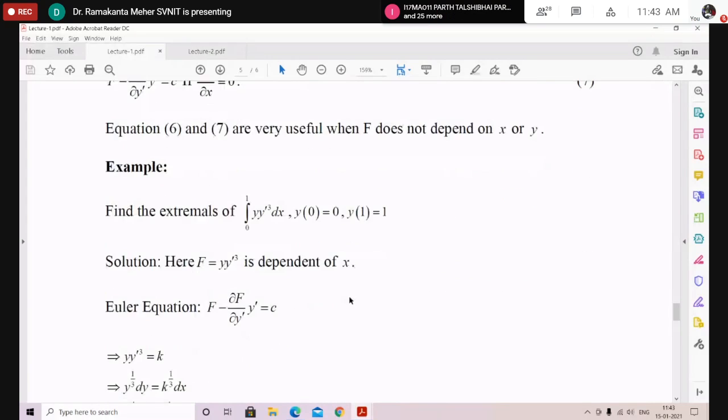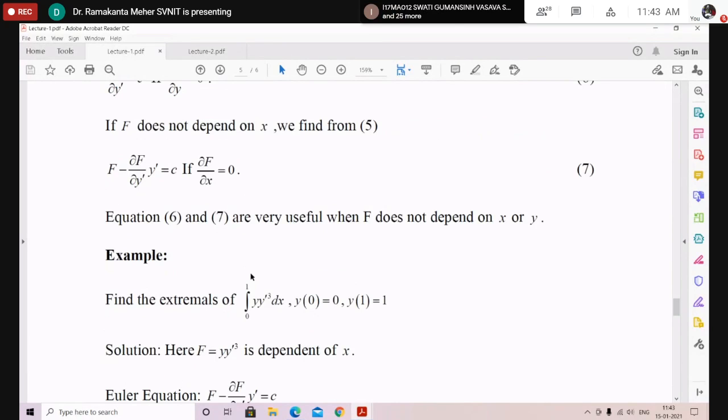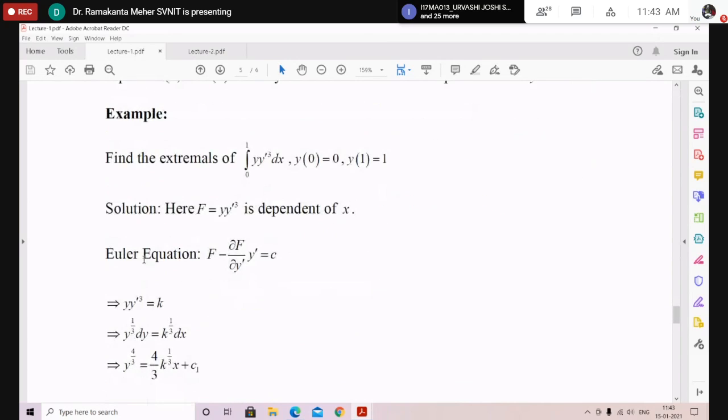Here f equals y y dash cube, so f is independent of x, and we can directly use equation 7. The Euler equation is f minus del f by del y dash into y dash equal to constant. Since del f by del y dash is 3 y y dash square, multiplied by y dash it gives 3 y y dash cube.